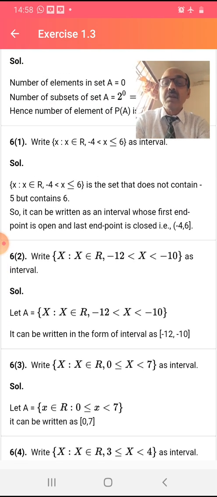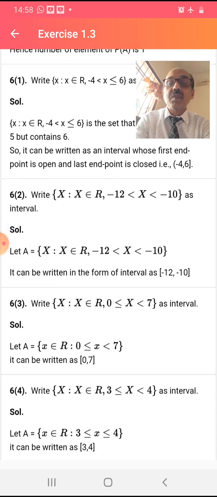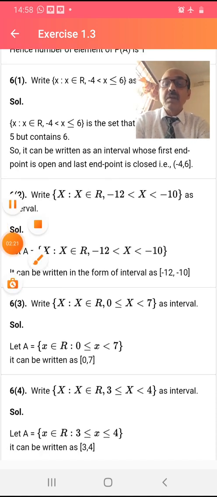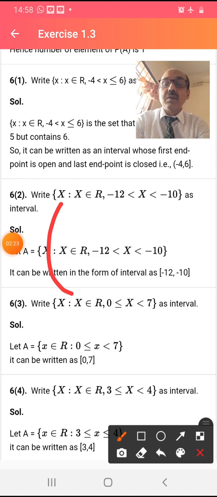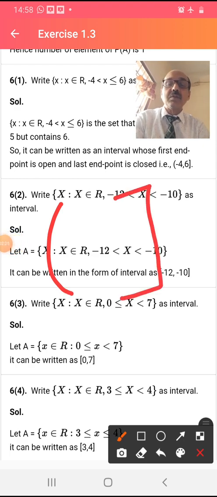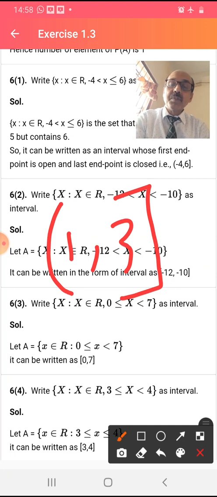This is open-closed, suppose 1, 3. So 1 is excluded because of the open end and 3 is included because of the closed end. So the numbers are 2, 3. Open, closed.